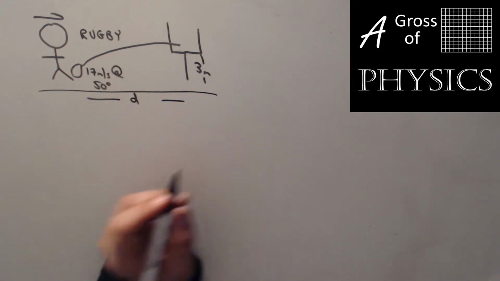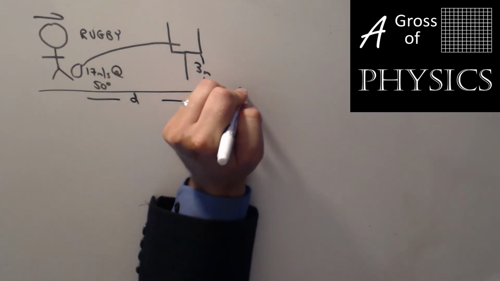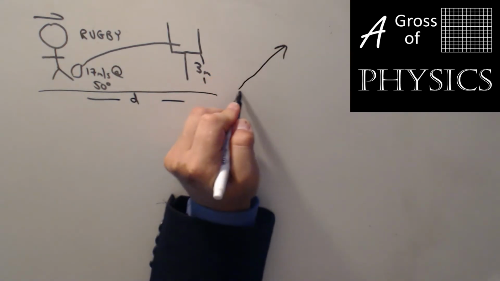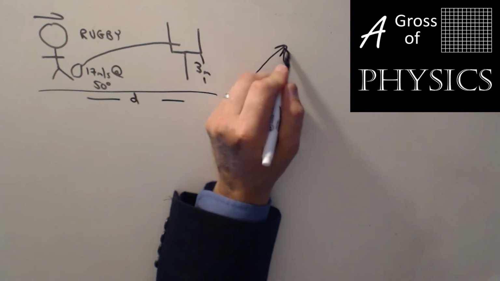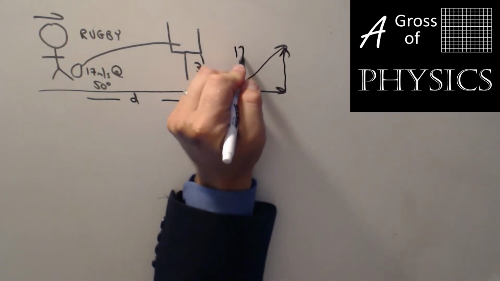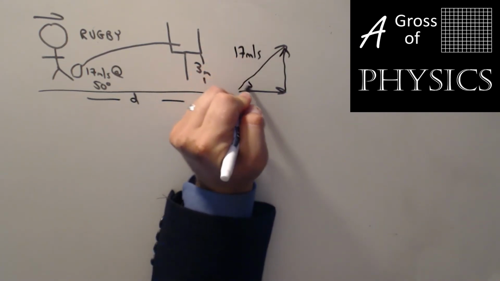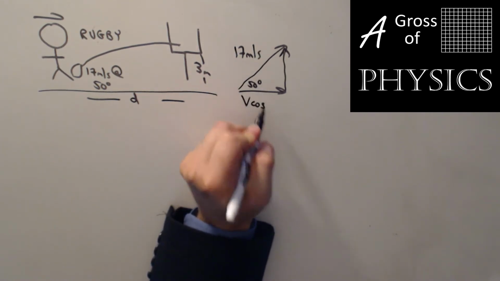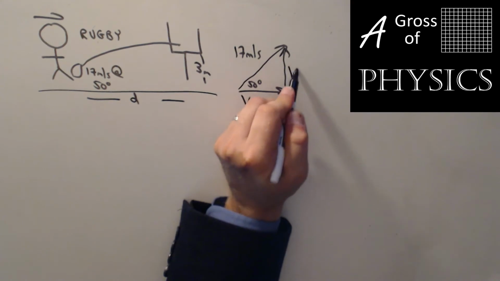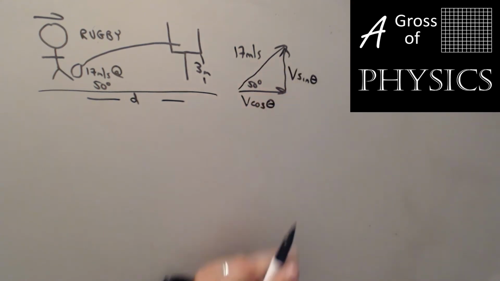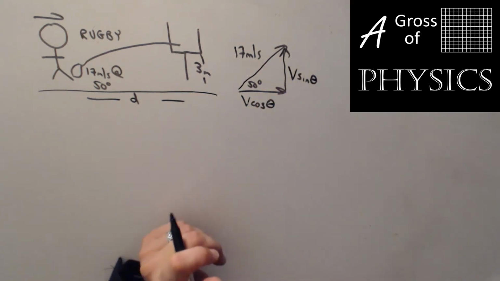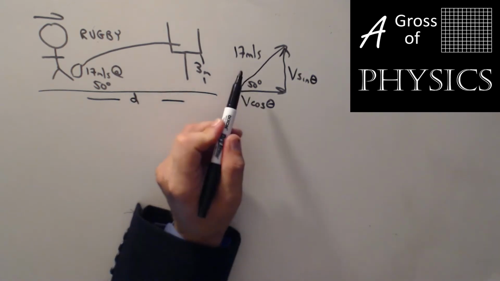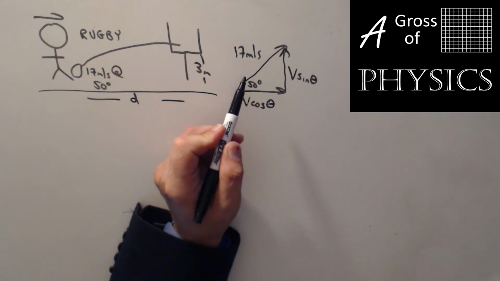Now, that being said, as soon as there's an angle involved, what I'm going to want to do is our standard procedure for dealing with angles. We have 17 and we have 50 degrees. So V cosine theta for the x, V sine theta for the y. And let's see what we get when we multiply 17 times the cosine of 50.